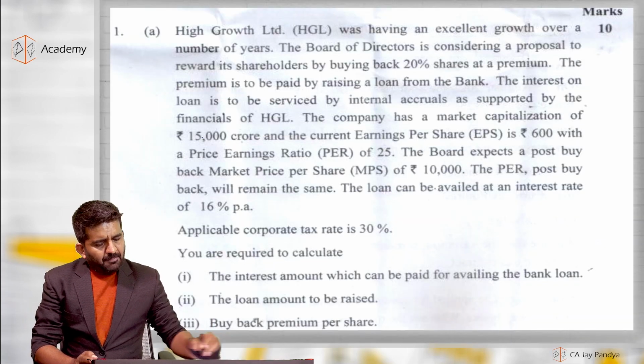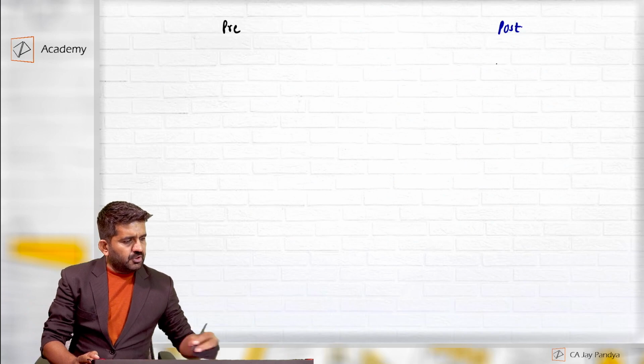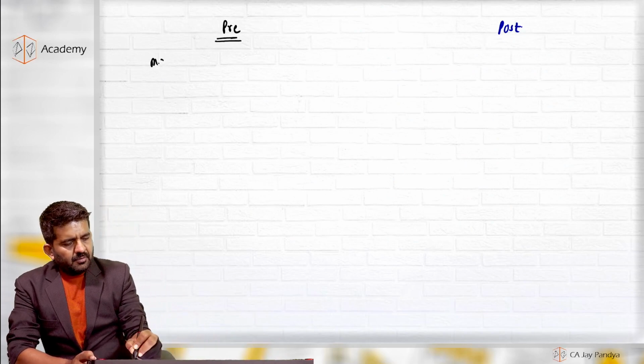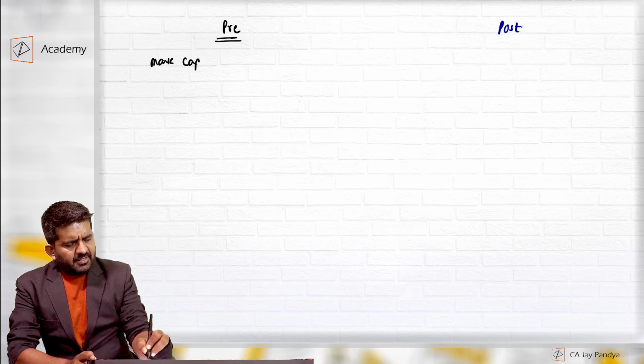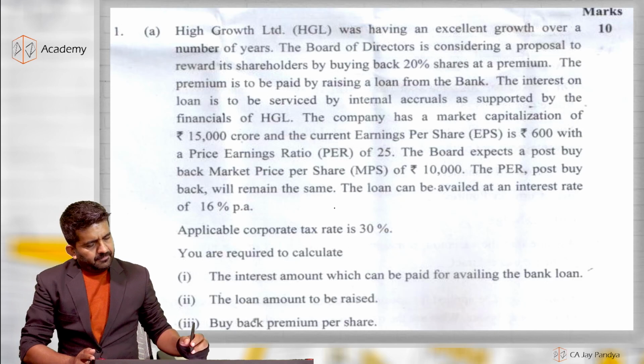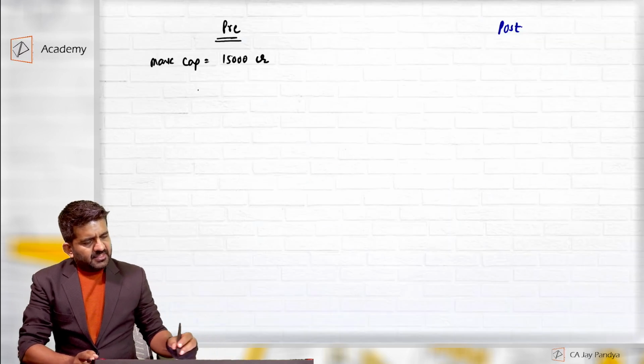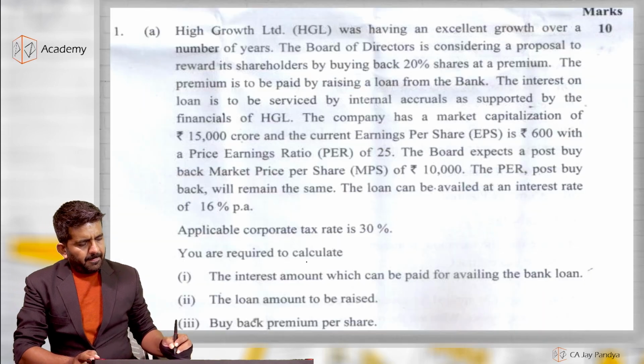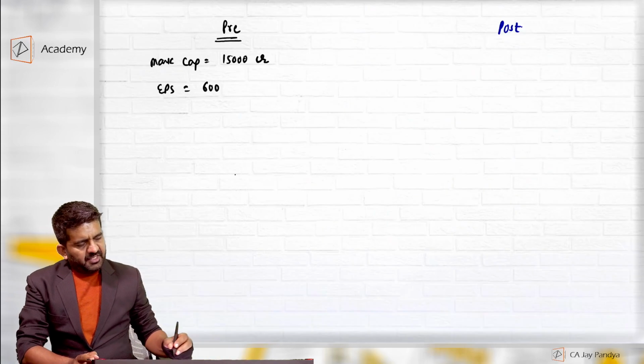The company has a market capitalization of 15,000 crores. So pre-buyback market cap is 15,000 CR. EPS is 600 with a PE ratio of 25.